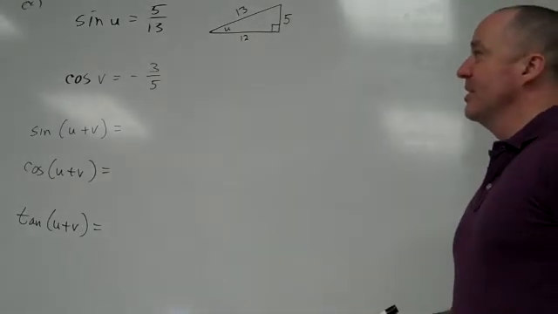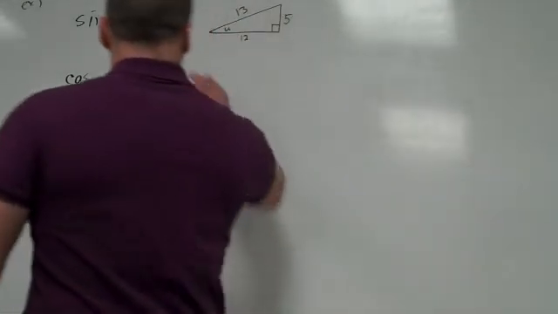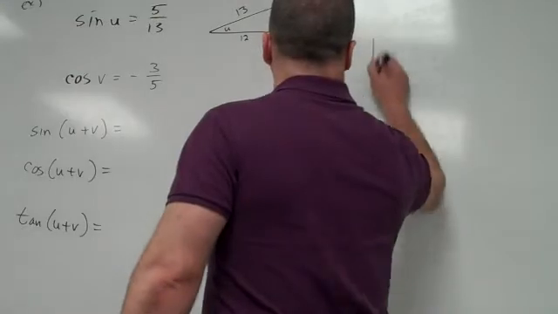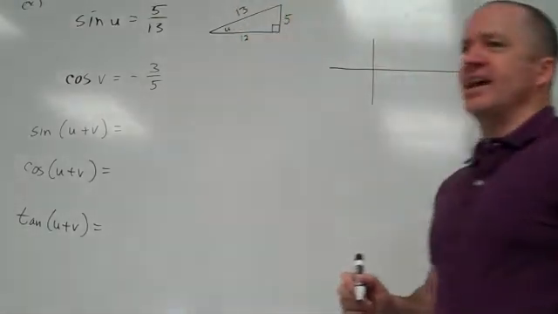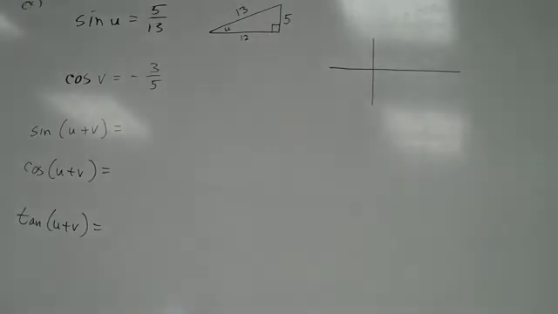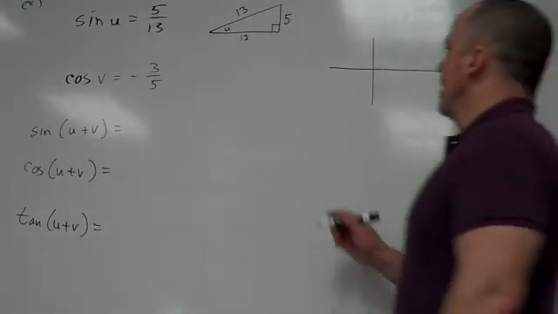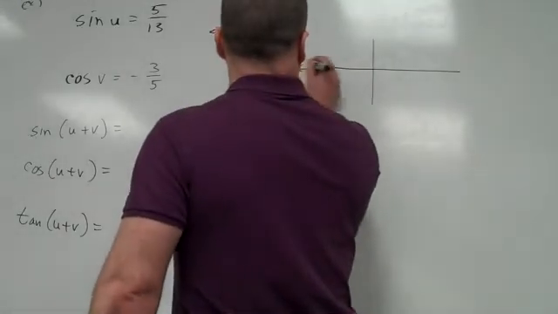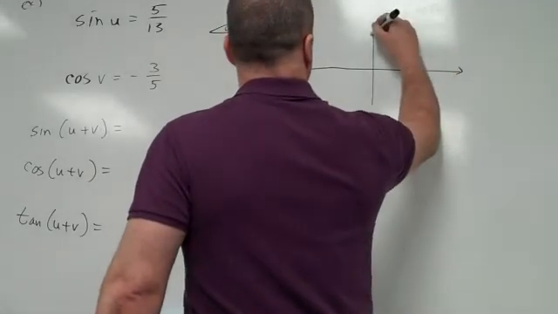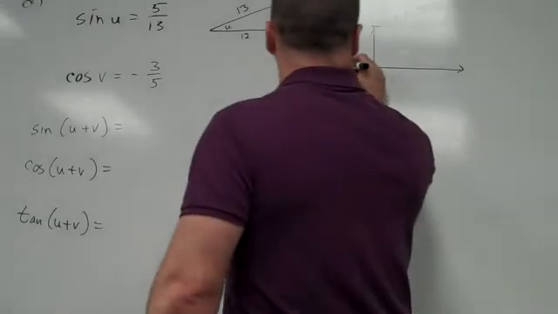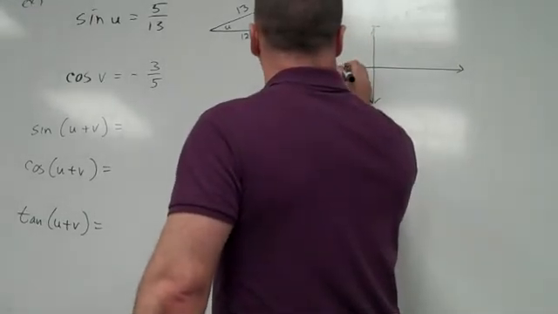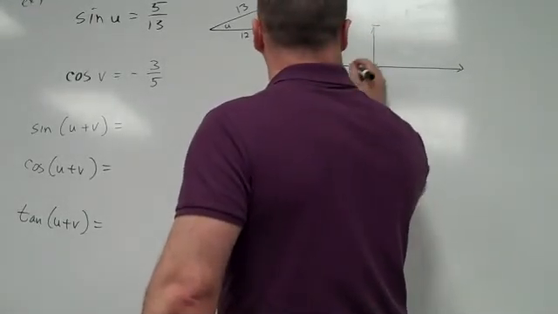So it's in quadrant... This other one, we need to actually draw our coordinate plane a little bit. Where is cosine negative? Okay, cosine is negative. We go over here to where x is negative, because cosine corresponds to x.